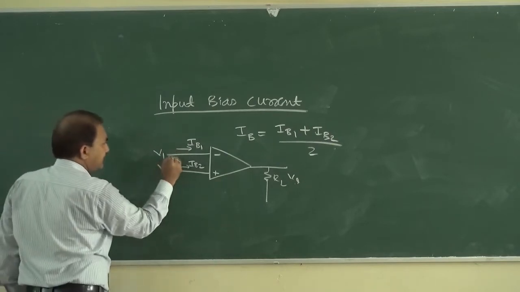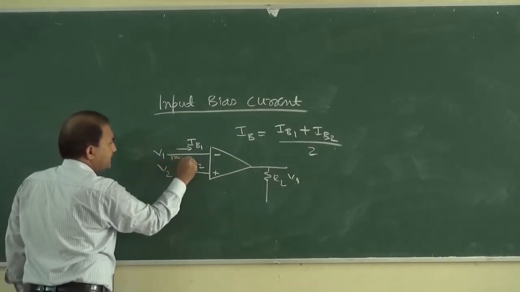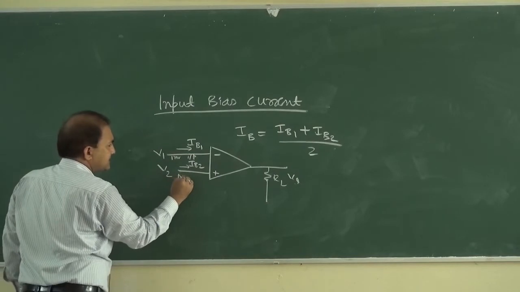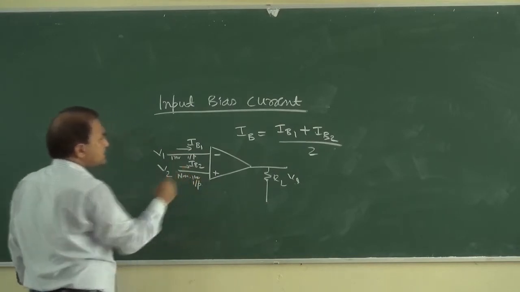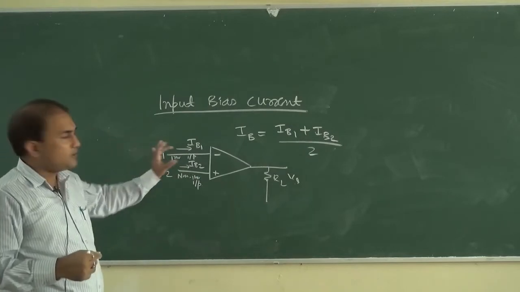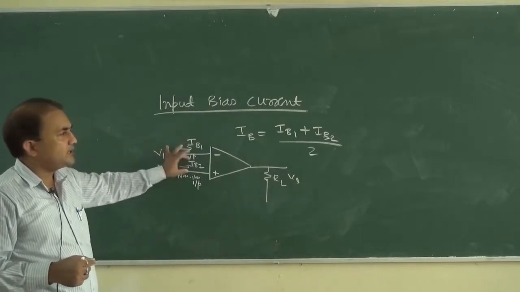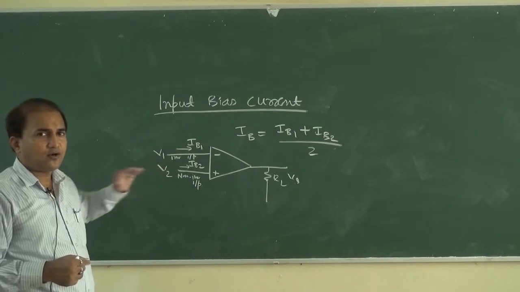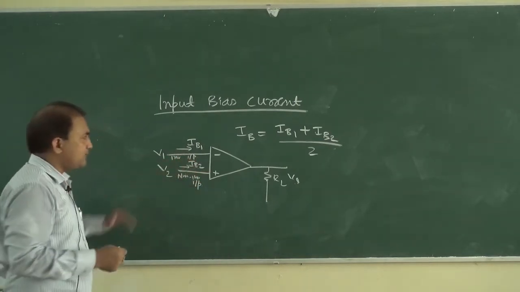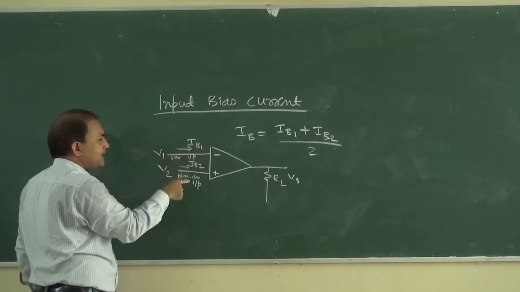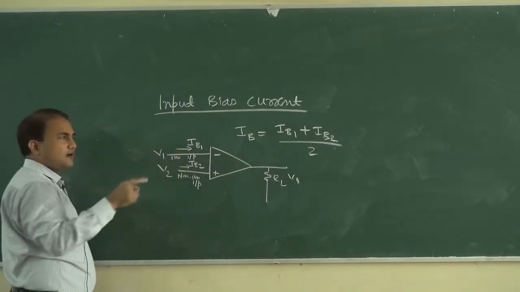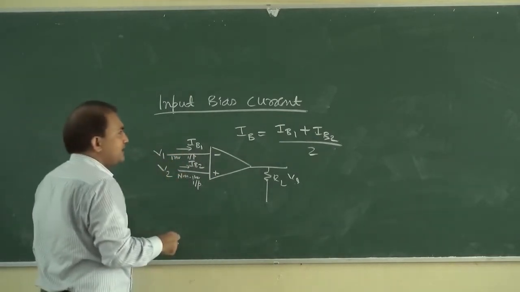This is the inverting input and this is the non-inverting input. So IB is equal to IB1 plus IB2 divided by 2. It is the average value of the input currents flowing into the inverting and non-inverting terminals of an operational amplifier.